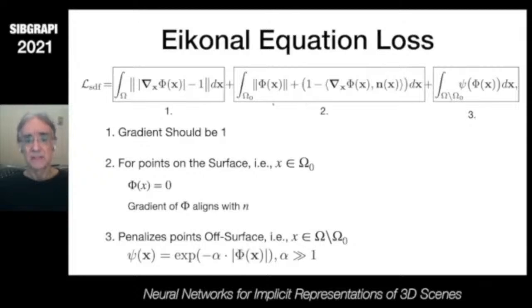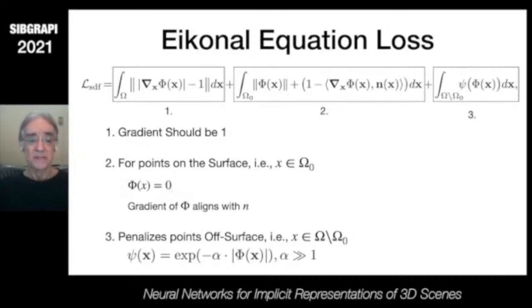we want to fit the surface. So we are giving input points at position x that are on the surface, this domain omega 0. Minimizing this is going to favor the solution with phi of x equal to 0.